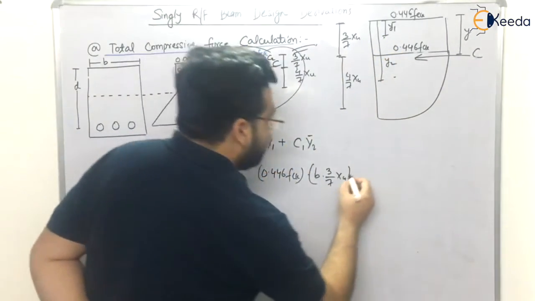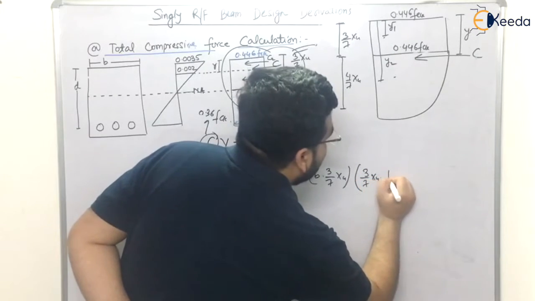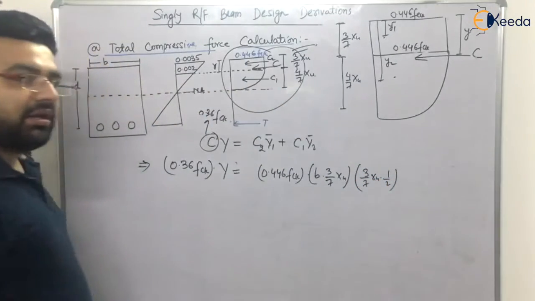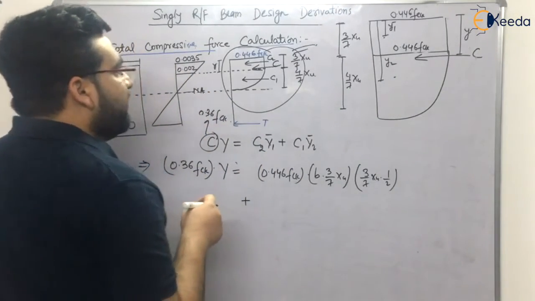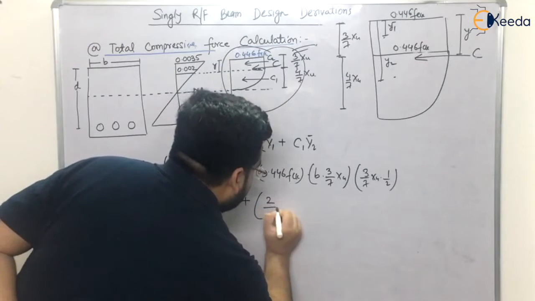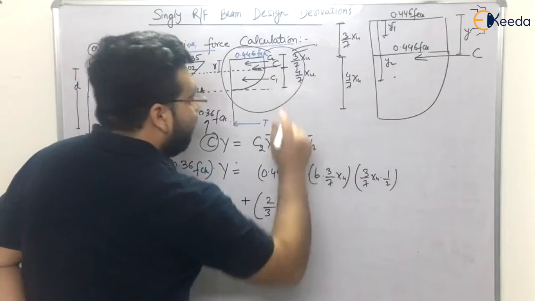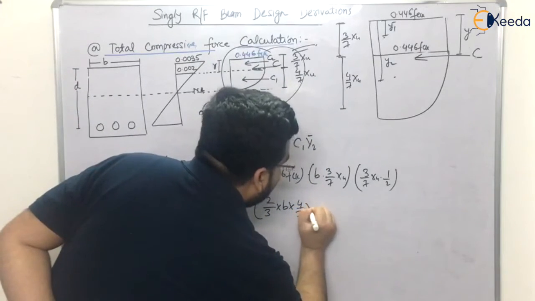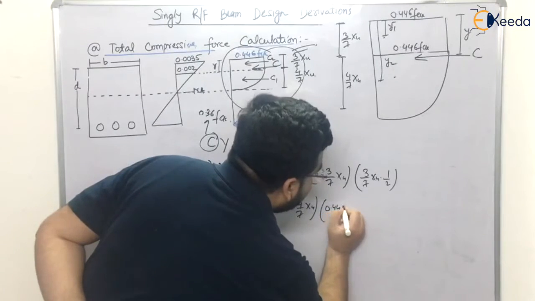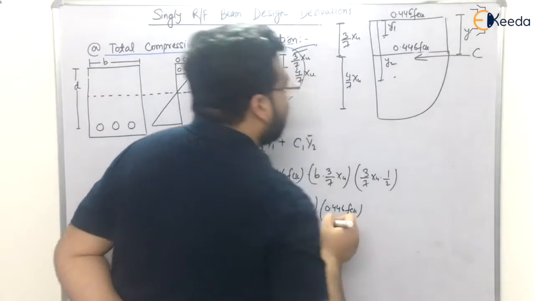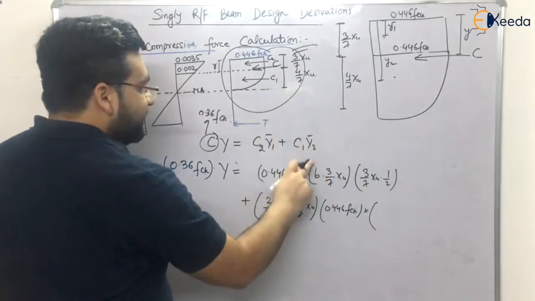Half of 3 by 7 XU, into 3 by 7 XU into 1 by 2. Simple. Plus C1. How much was C1? C1 was 2 by 3 into B into 4 by 7 XU, the area, into 0.446 FCK, right, into the distance Y2 bar.